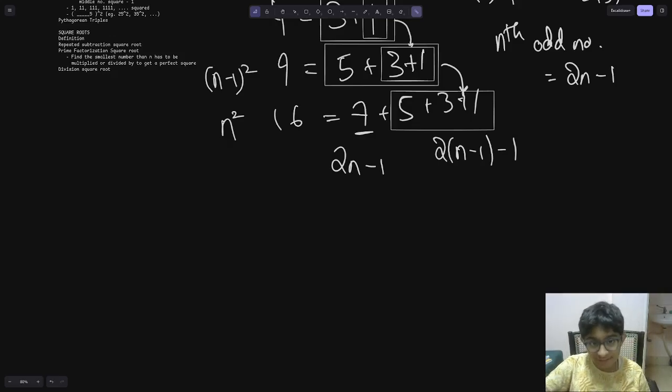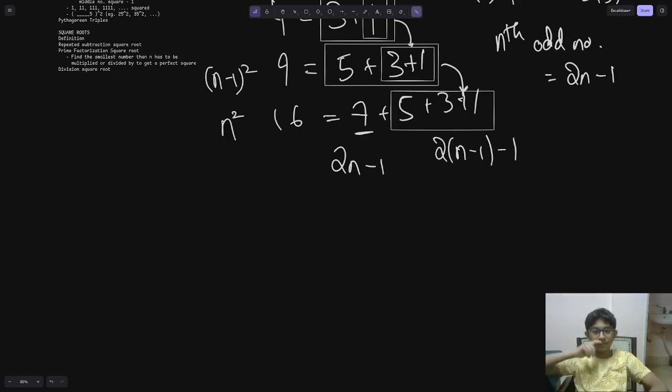So this is the nth number squared, so this is the square of the nth number, and this is equal to the nth odd number plus the n minus 1th square number.